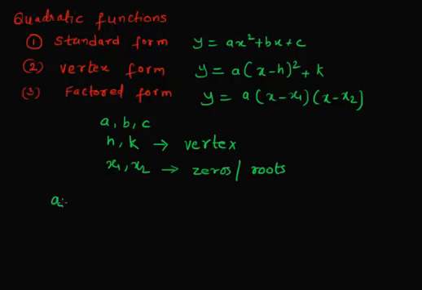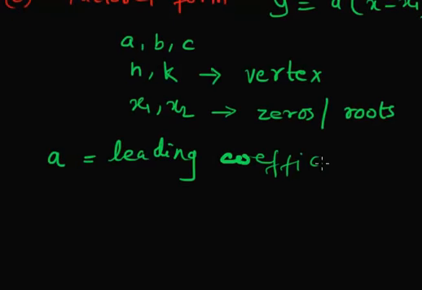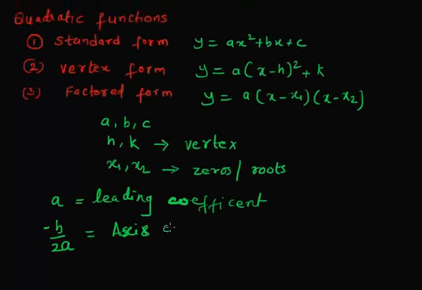Like a. a is called the leading coefficient of the given quadratic function. b is also very important because b and a together, minus b by 2a, represents the axis of symmetry for the given quadratic function.